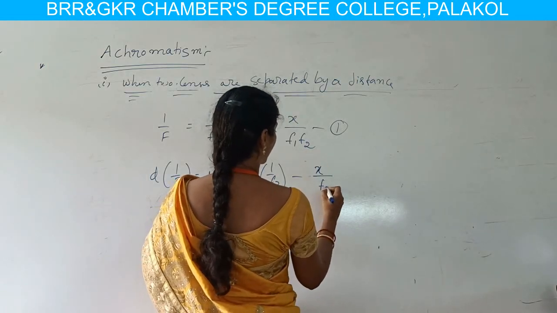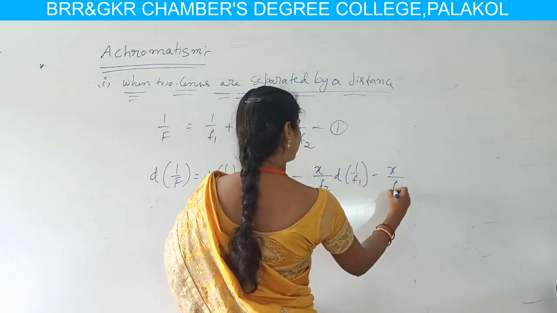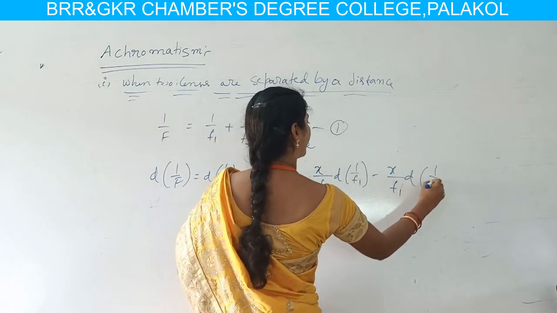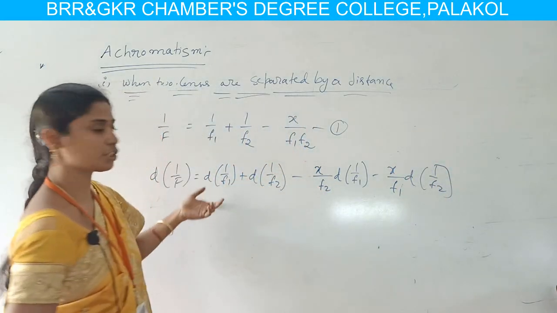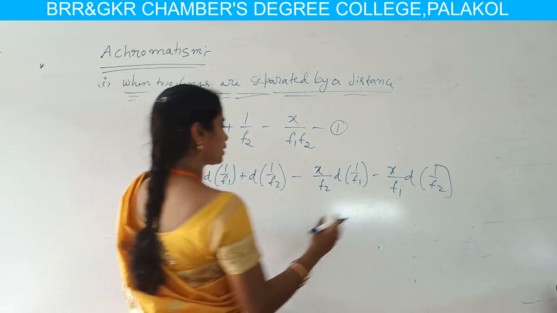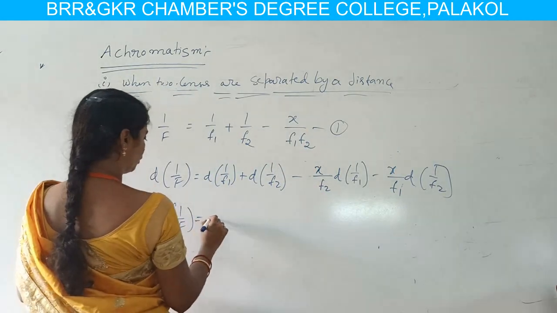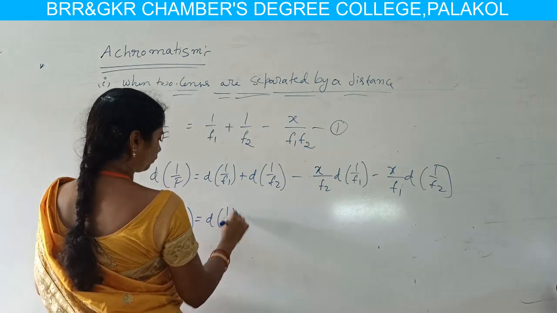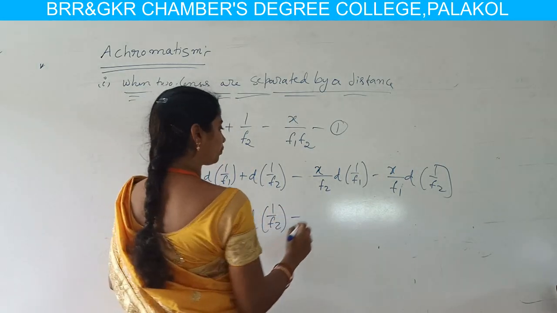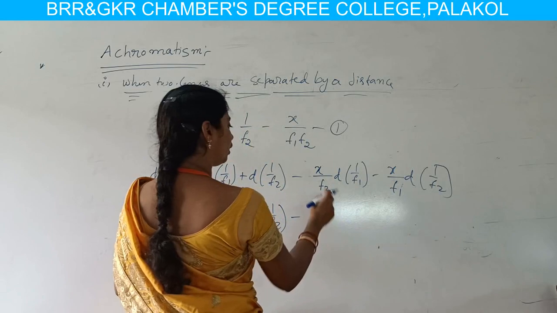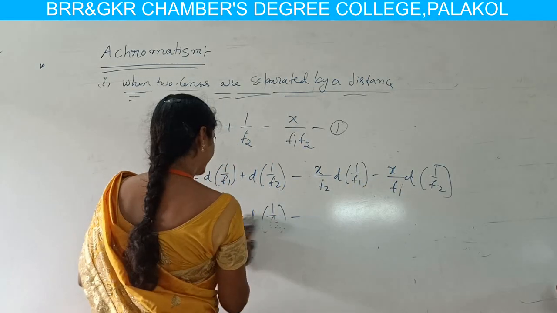So, minus x by f2 into d(1/f1) and minus x by f1 into d(1/f2). From this equation, d(1/f) equals d(1/f1) plus d(1/f2) minus x d(1/f1) and x d(1/f2). Writing this equation again is not necessary.